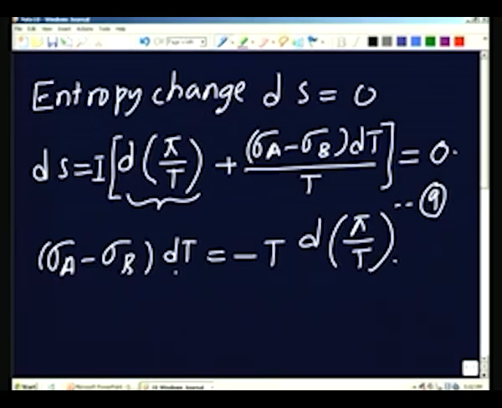So, I am going to just substitute it there, and after some simplification which can be easily done by the student, we can see the following.